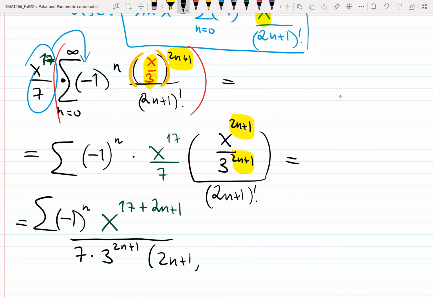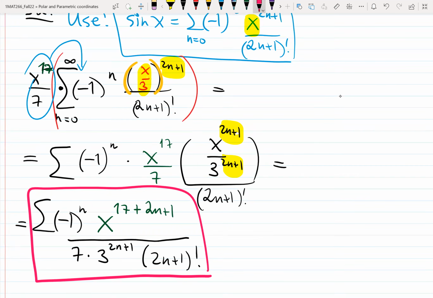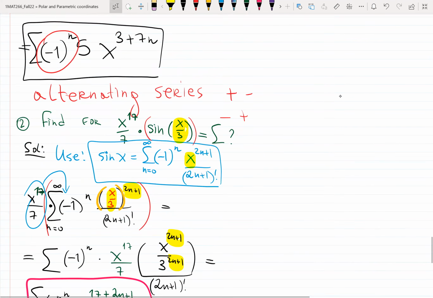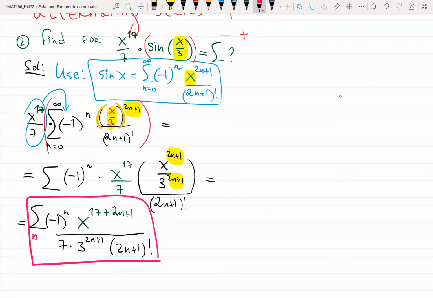And there's a (2n+1) factorial. That is the answer. Can you detect this amazing, beautiful series from the list if it's a multiple choice question? n is from 0 to infinity. How about that?